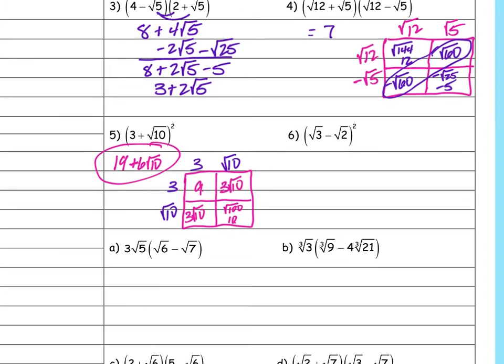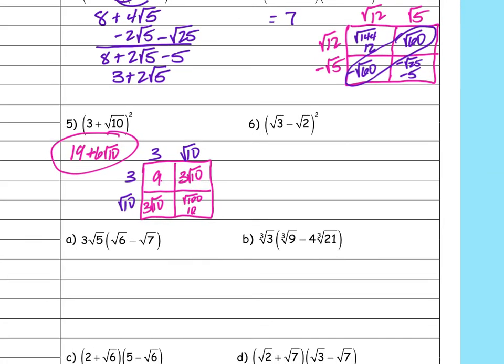Yes. Okay. And then one more, just with 2 square roots. So I'm going to do the box again because I like the box. You guys don't have to do it. You can do the FOIL, whichever way you want to do it. So I've got the square root of 3 minus the square root of 2, square root of 3 minus the square root of 2.